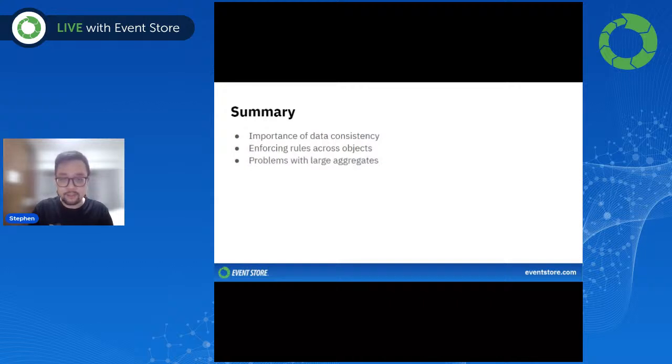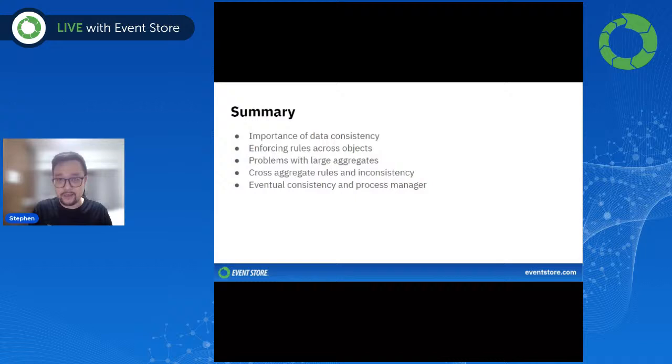We then explored the problems of aggregates that are too large and how they can slow down applications because of their reliance on transactional consistency. We then explored how cross-aggregate rules can be prevalent in systems where there are too many small aggregates and how this can lead to inconsistency.